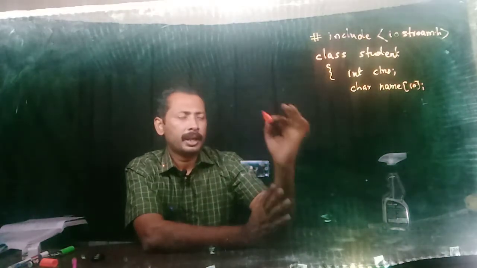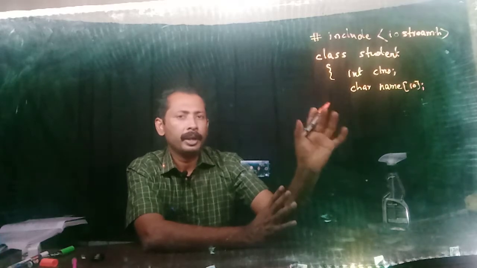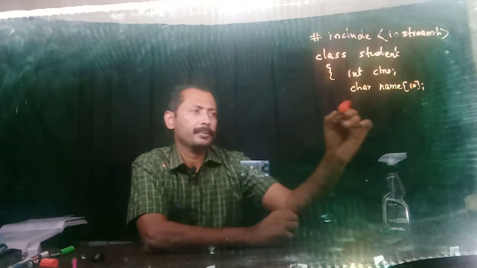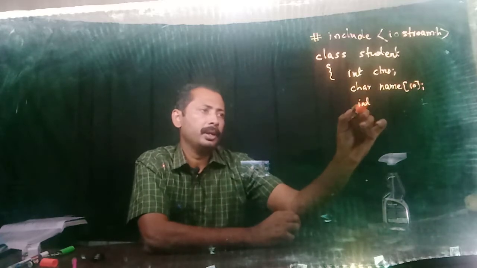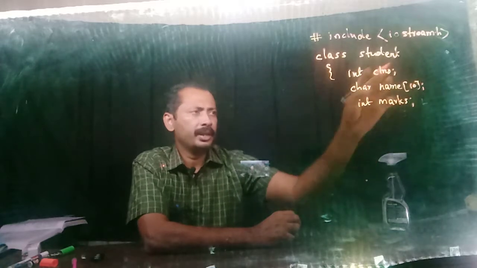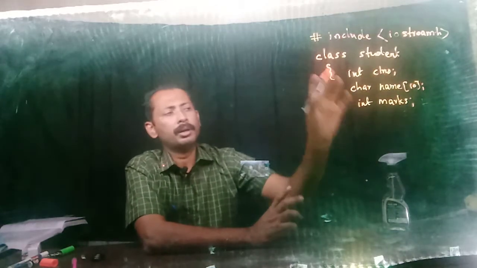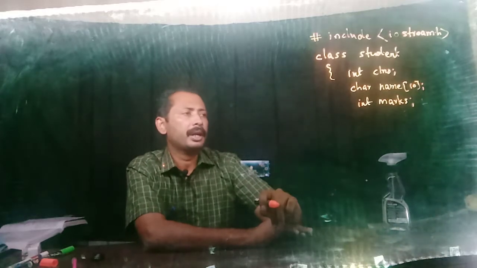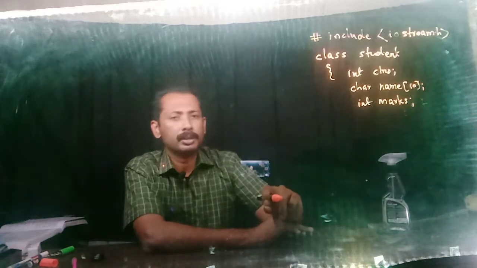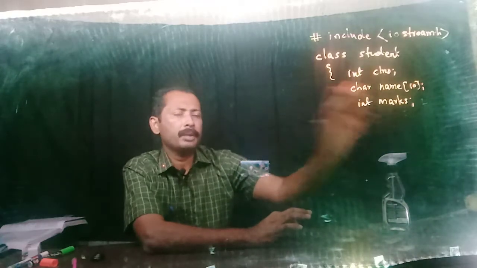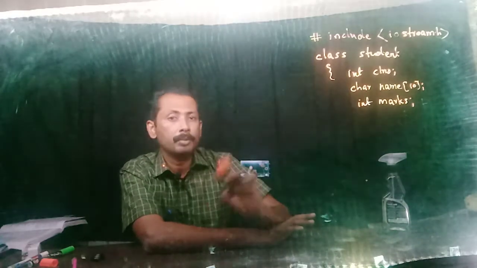Having character name 10 means the name variable can store 10 characters. Then int marks. I can define this here also, but for clarity I am defining it like this: int class number, character name 10, and int marks. Okay. So these are the three variables for each object.